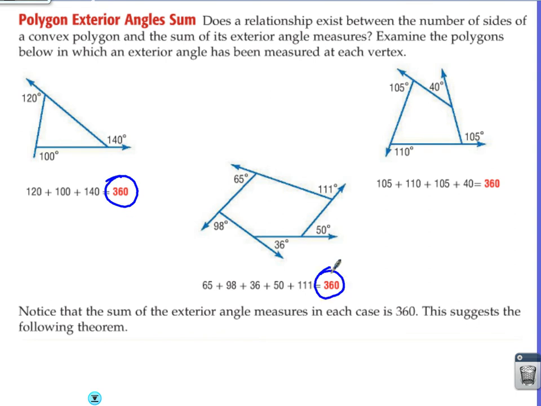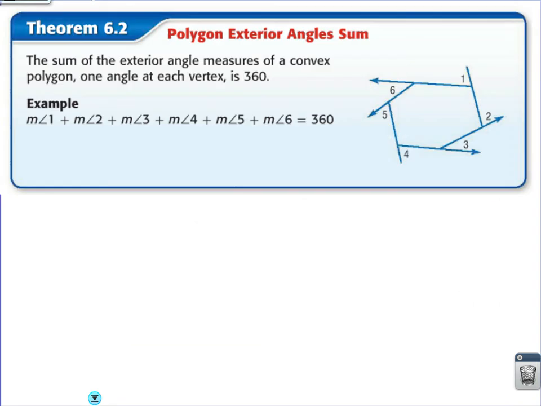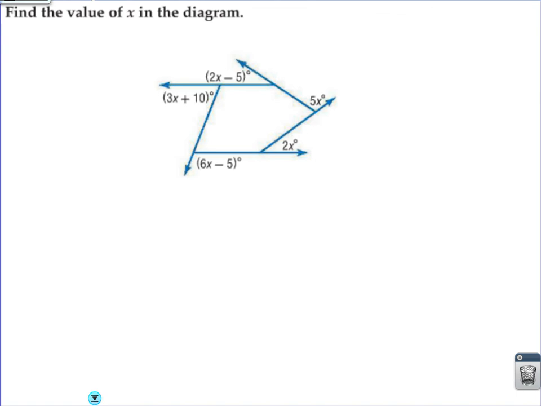No matter what shape you have, the exterior angles will always sum to 360. And I think there you go, there's the theorem. The sum of the exterior angle measures of a convex polygon, one angle at each vertex, is 360. This is a theorem that you don't have to learn, but it will save you loads of time if you do.